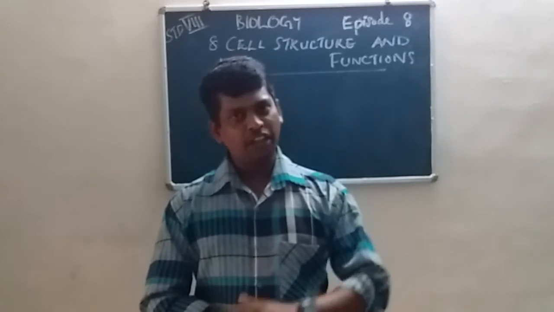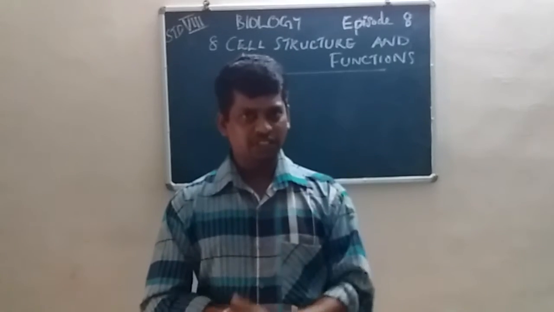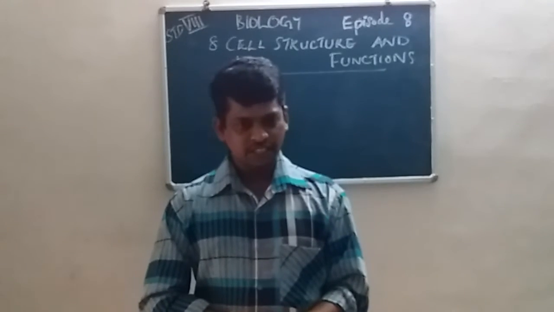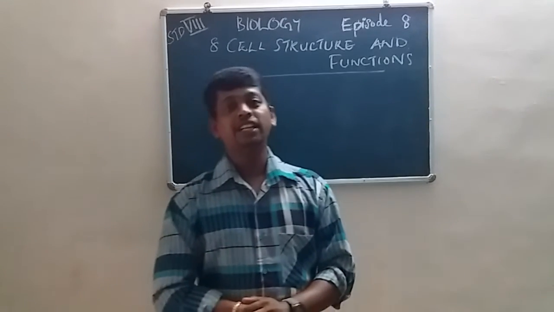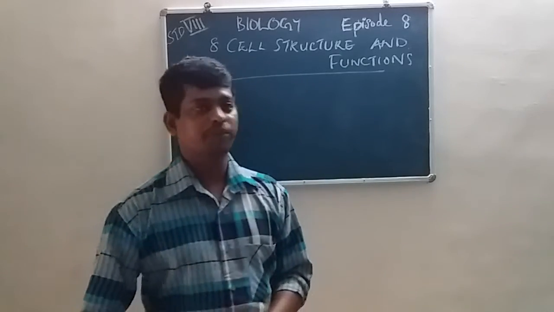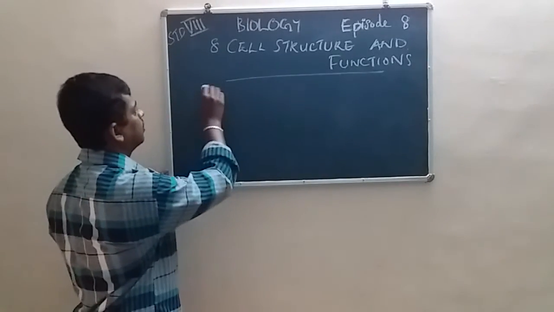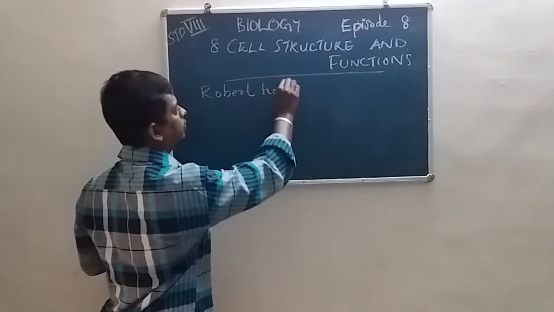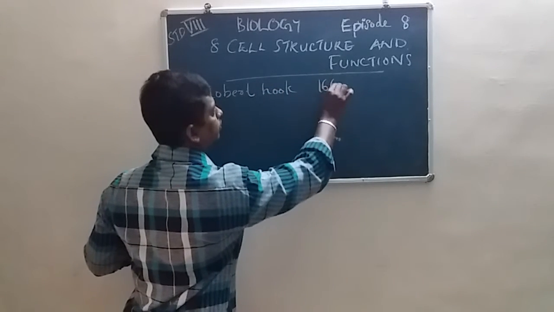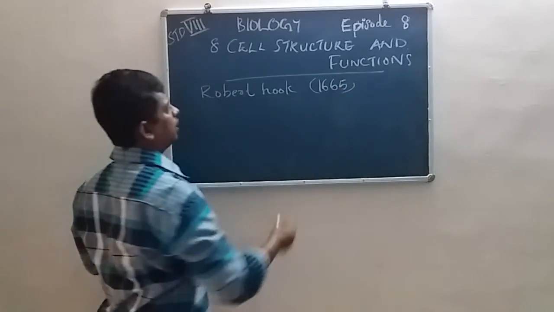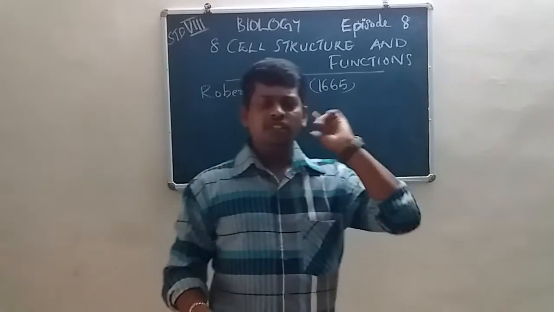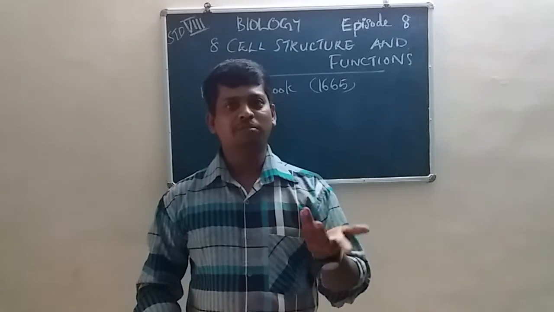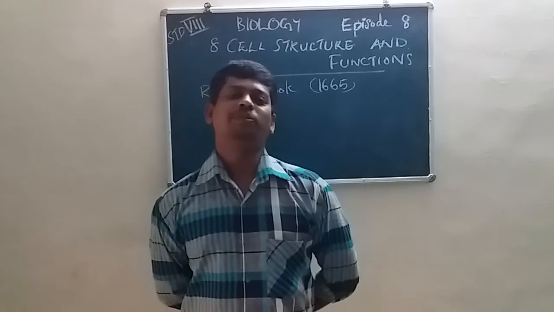And in the previous class we all learned about who discovered the cell. Yes, Robert Hooke in 1665. He discovered the cells under his own manufactured microscope.